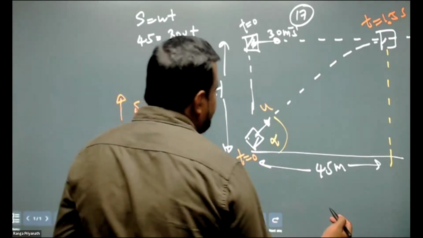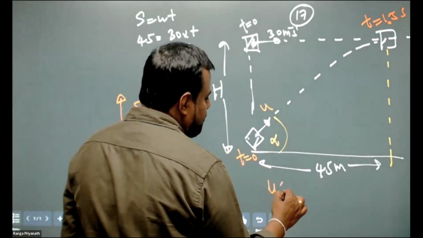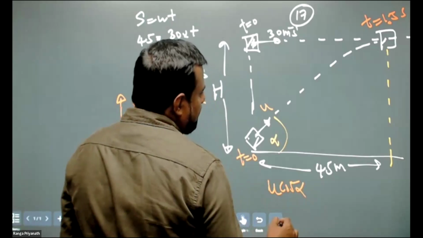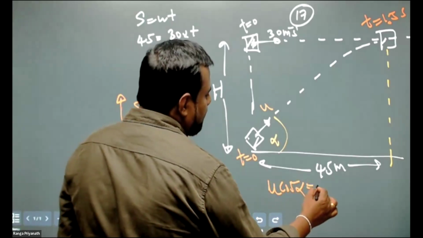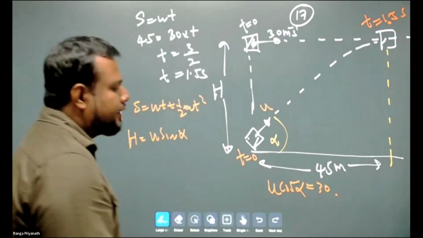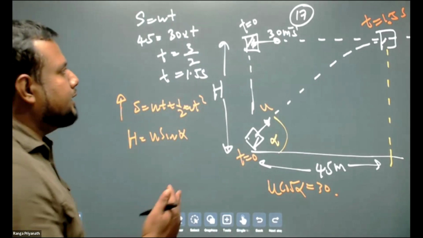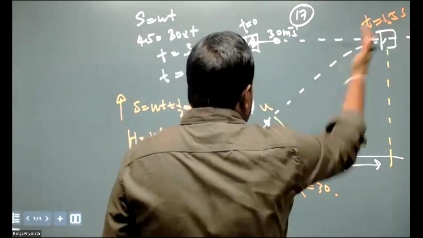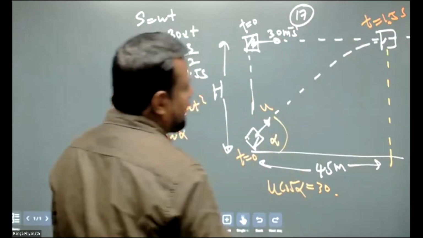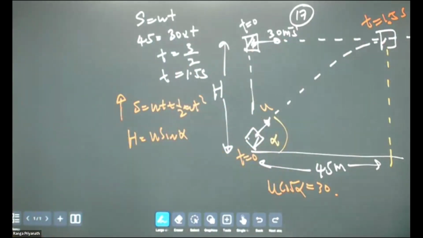You can also find the u value, because u cos alpha must be equal to 30. Are you all agreed with that? The reason is that when the plane travels from here to there, the bullet also travels from here to there horizontally, so their horizontal velocities must be the same. That's one important idea you should have.